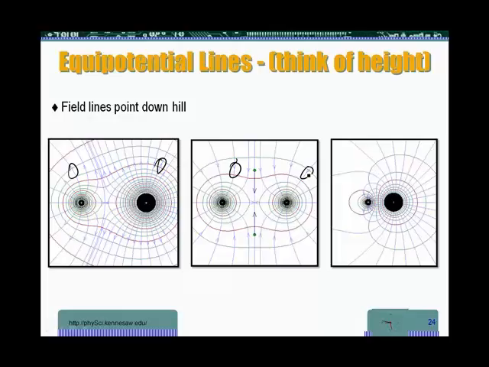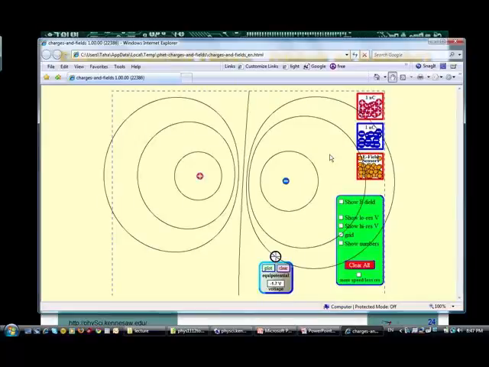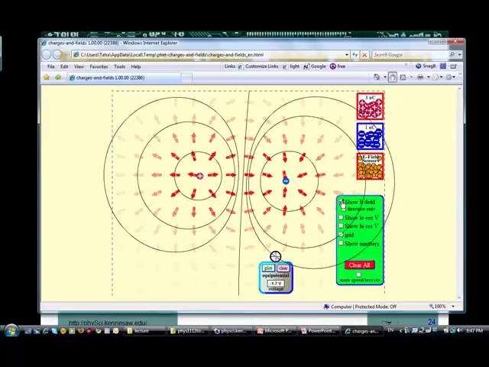Okay. Now if we go back to the simulation we were just playing, if we tell it to show the electrical field, look at the way the electrical field is. Towards the negative charge and away from the positive charge.